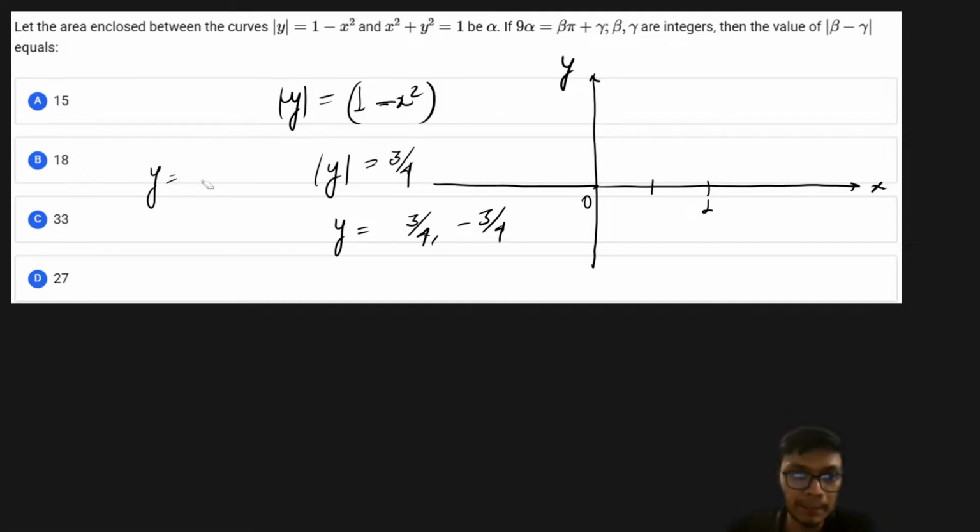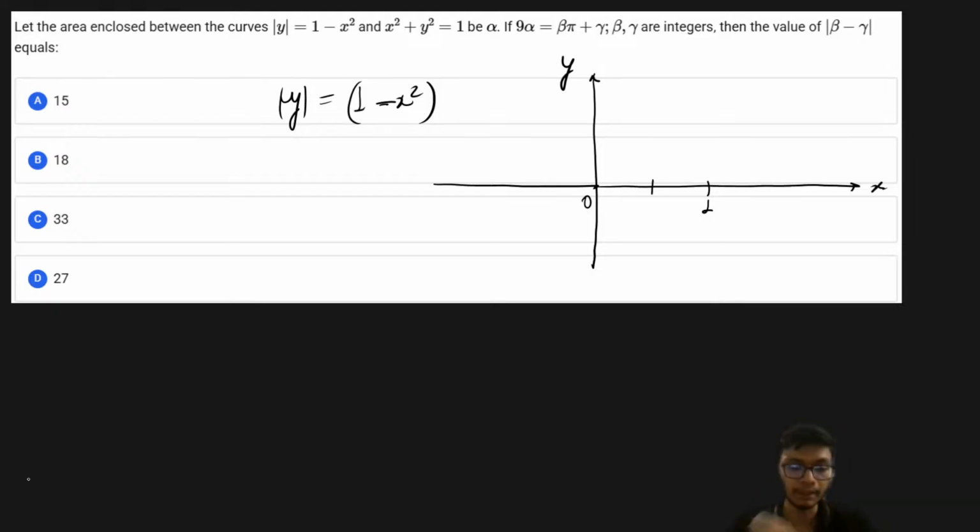If I implement that particular function over here, the graph is going to look like this.